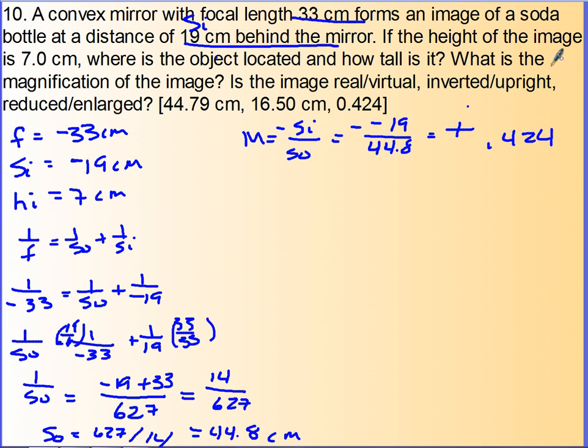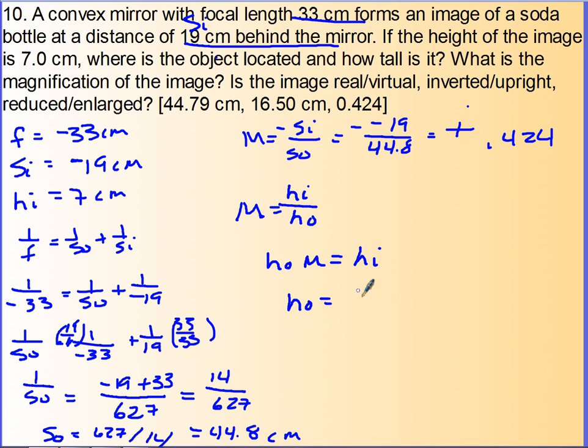Do we want the object height? I know the magnification is positive, and it's equal to the image height divided by the object height. I'm looking for the object height. So HO times M is HI.